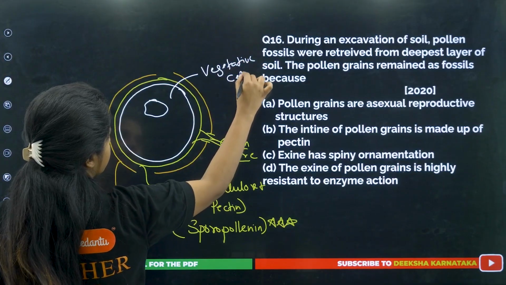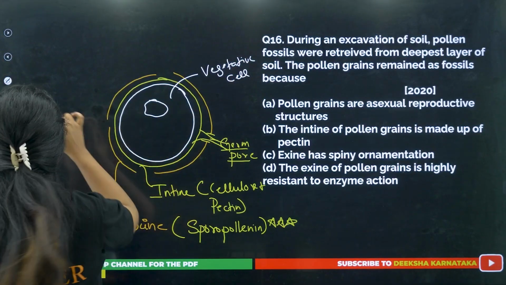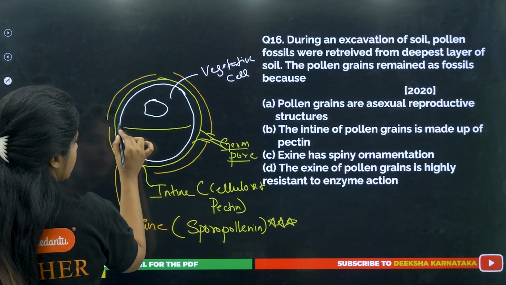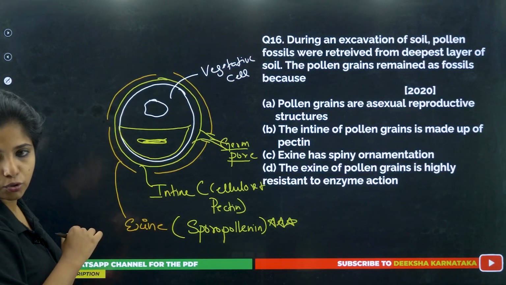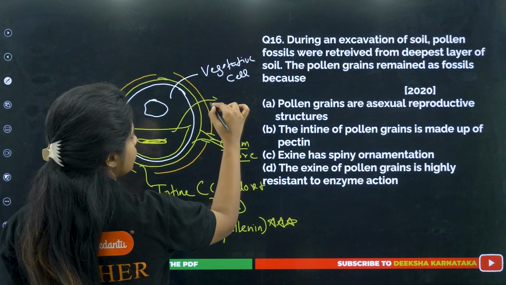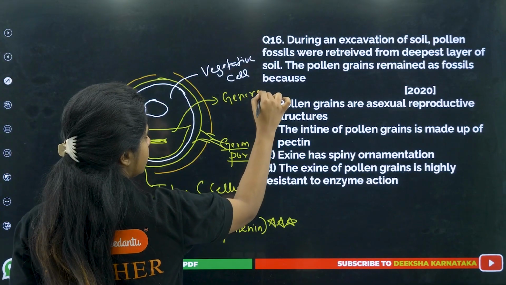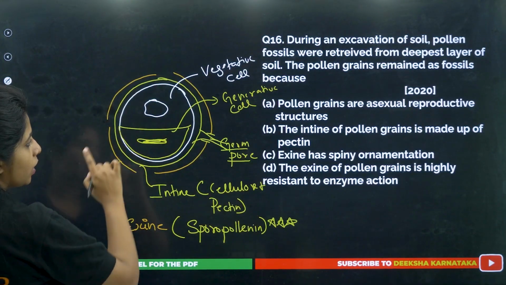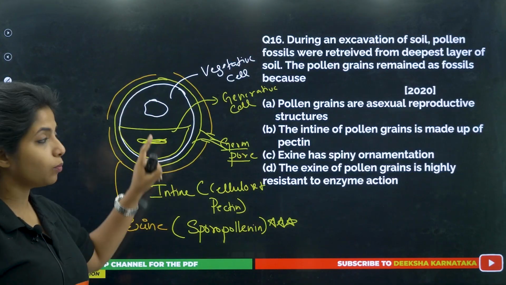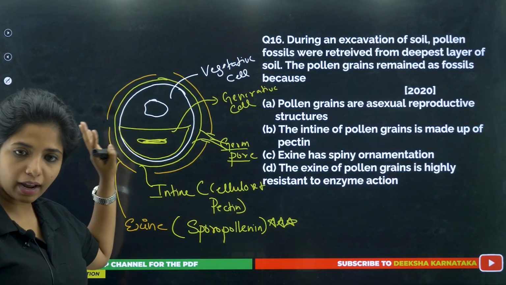Vegetative cell. Now inside the cytoplasm of this vegetative cell floats another type of cell which is spindle shaped, and it has an elongated nucleus also. This spindle shaped cell is known as the generative cell. Both of them are haploid only.